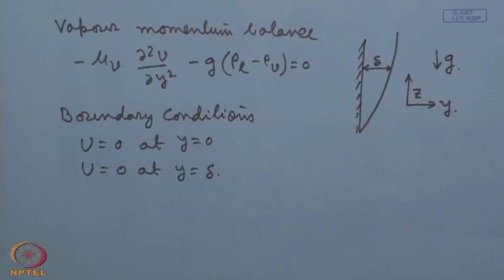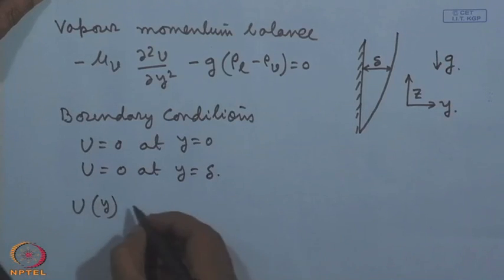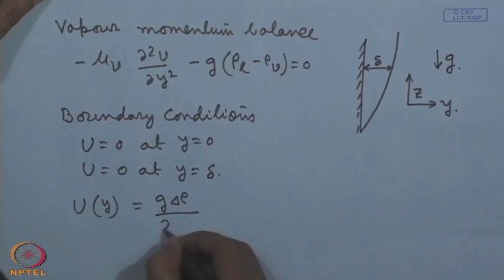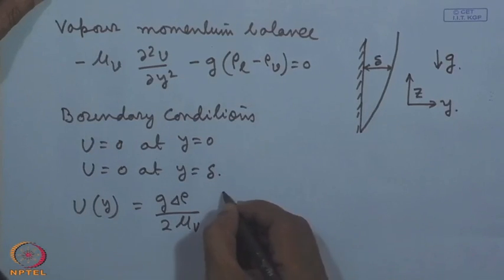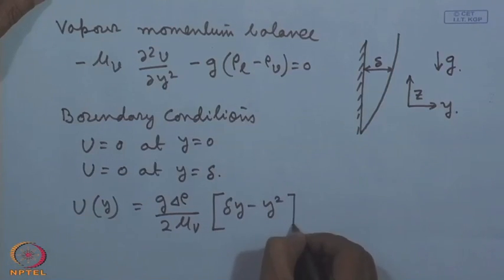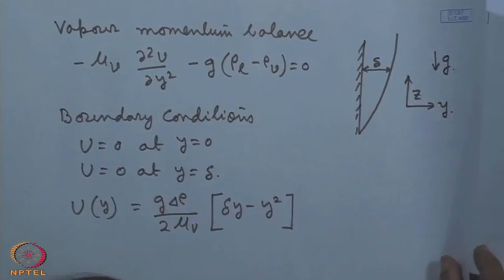These two are the boundary conditions for velocity. Very easily one can find u as a function of y: you will get a quadratic equation in y for the velocity distribution along the direction of y.